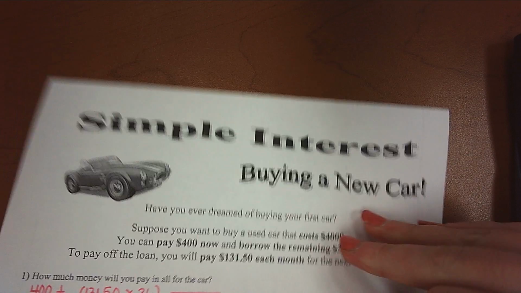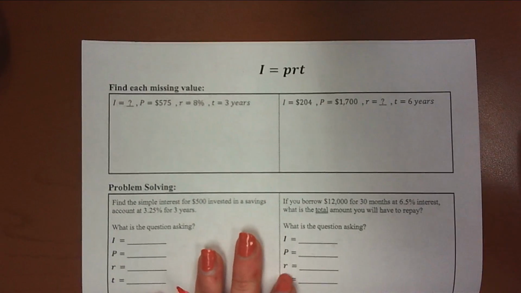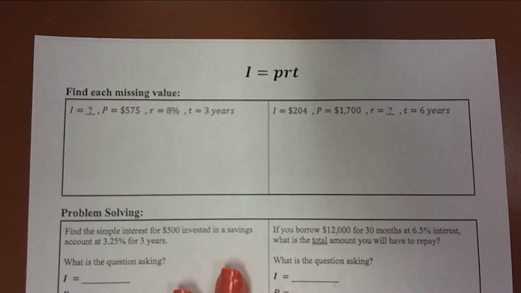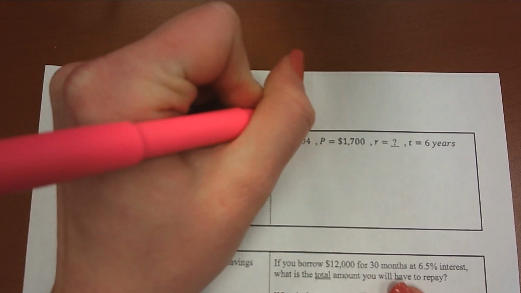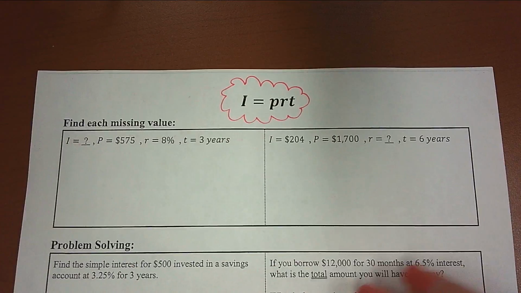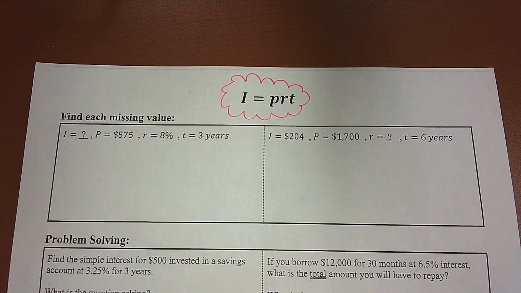And so if you open up your foldable at the top, it shows you the formula for simple interest. In simple interest, the formula says I equals PRT.